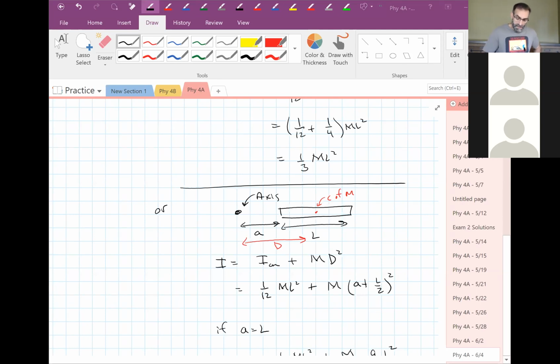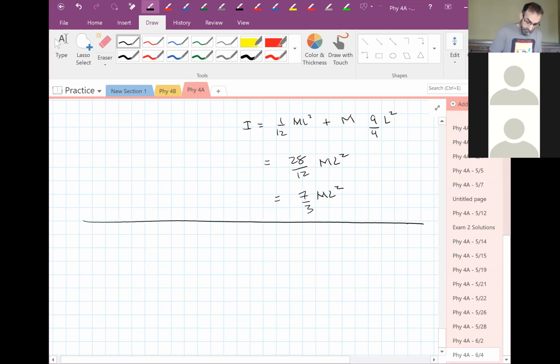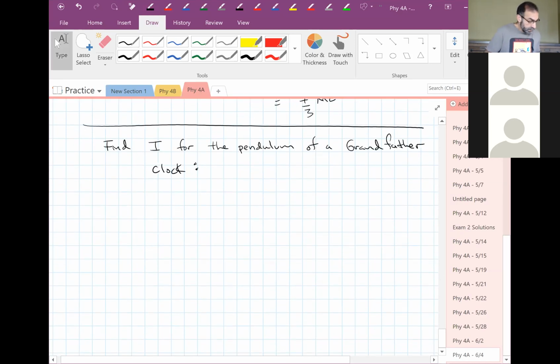Let's practice with this situation, this object. We've got the pendulum of a grandfather clock, looks like this.